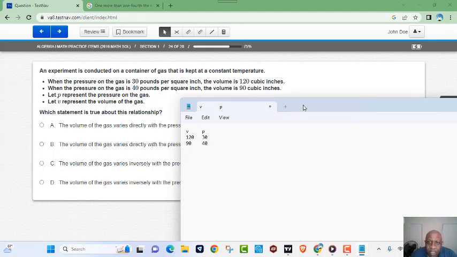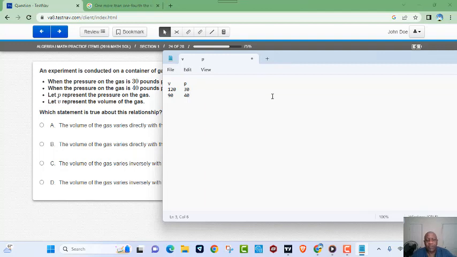All right, so let's take a look at this relationship, because this looks like it has to do with variations. We notice here our volume is decreasing while our pressure increases. So one is increasing and one is decreasing.